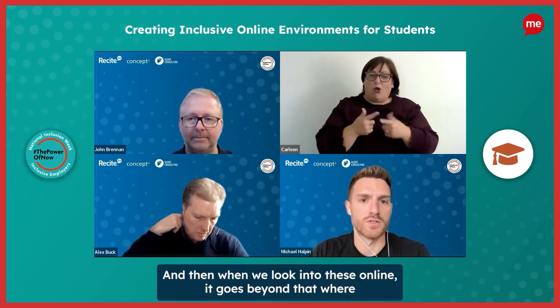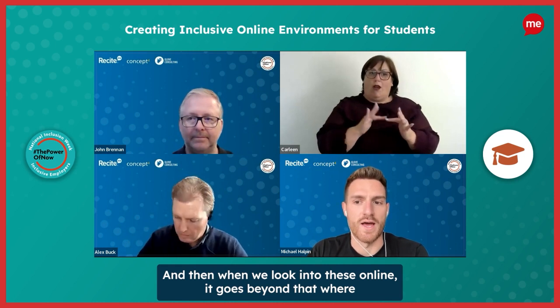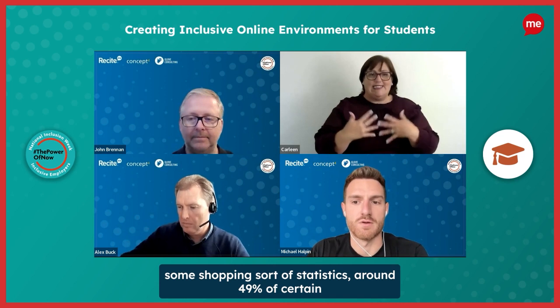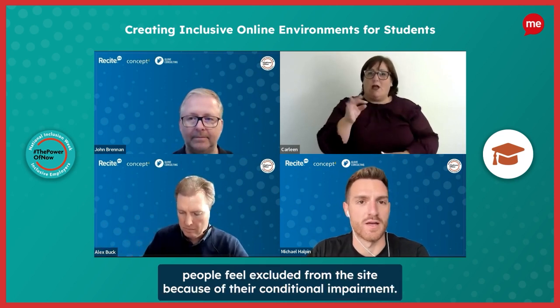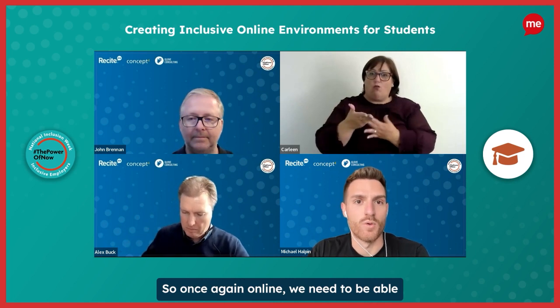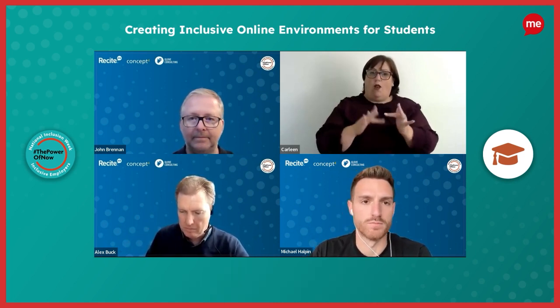And when we look at this online, it goes beyond that, with some shocking statistics: around 49% of disabled people feel excluded from a site because of their condition or impairment. So once again, online, we need to be able to provide the information that can help everyone.